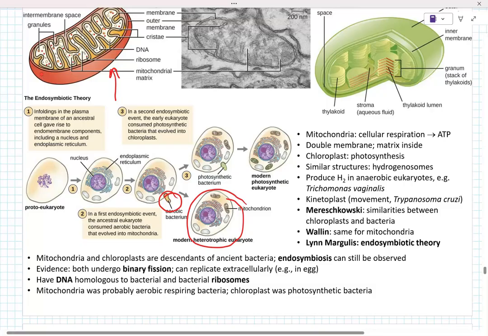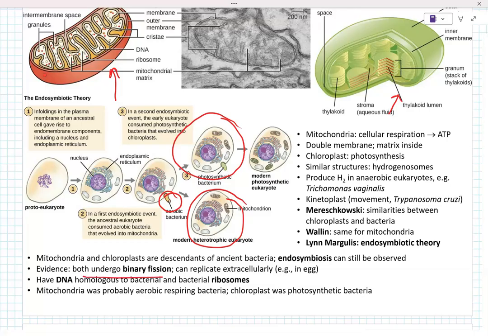Same story is for chloroplasts. Those were photosynthetic bacteria billions of years ago that got accepted by that first generation of eukaryotes. Okay? Why do we think it was endosymbiosis? Both of them can undergo binary fission.